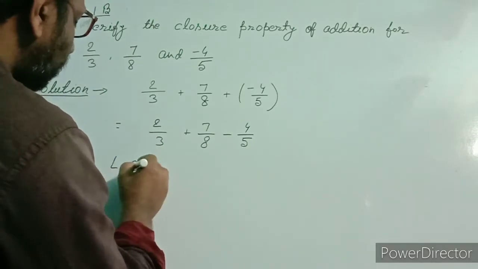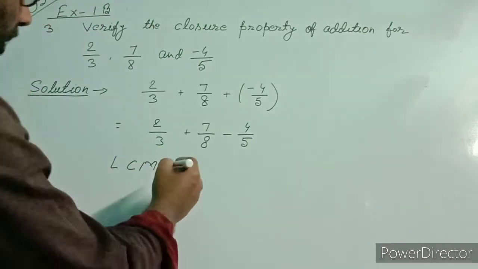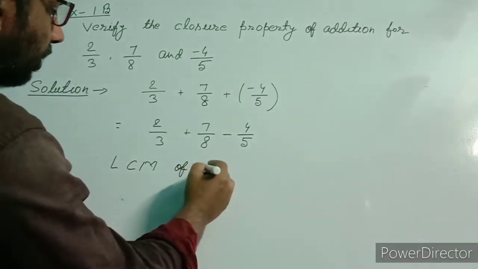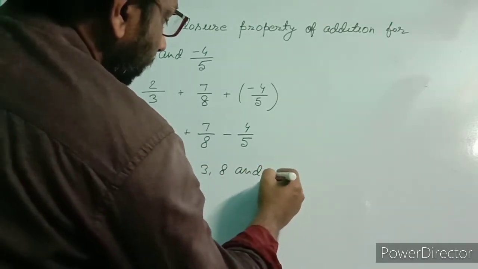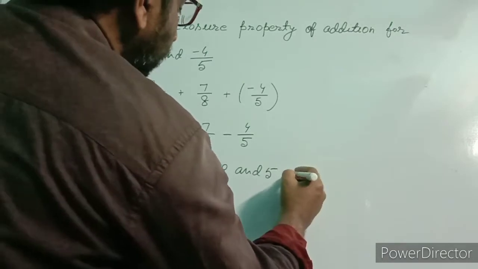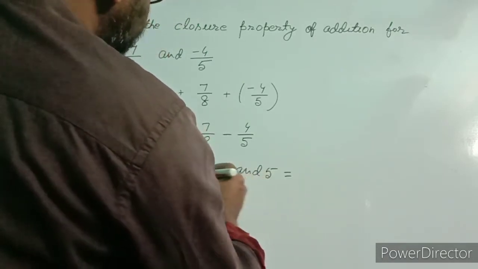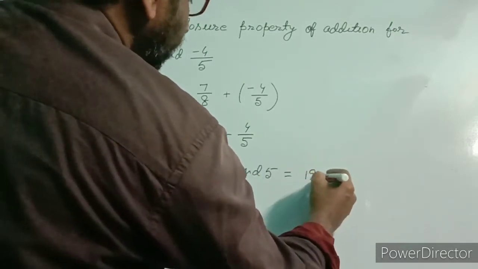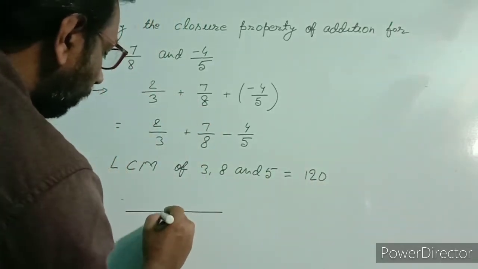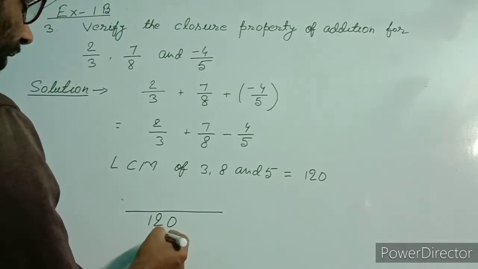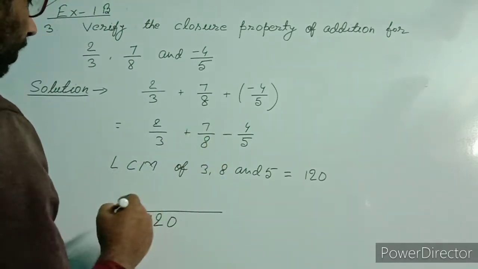Now you find the LCM of 3, 8 and 5. 5 8s are 40 and 3 40s are 120. So the LCM became 120. We divided this LCM by this denominator, we got 40.